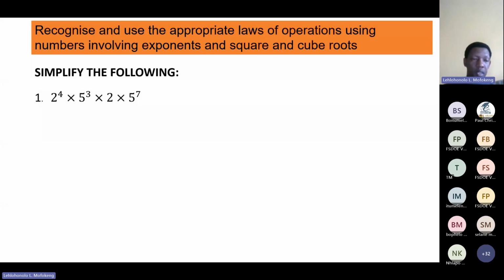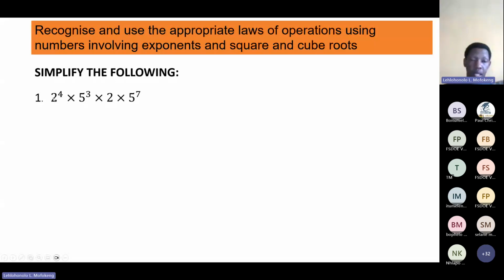I'll make an example. Here we have 2 to exponent of 4 multiplied by 5 to exponent of 3. There is nothing we can do here, because for the exponents, we must have the same base.